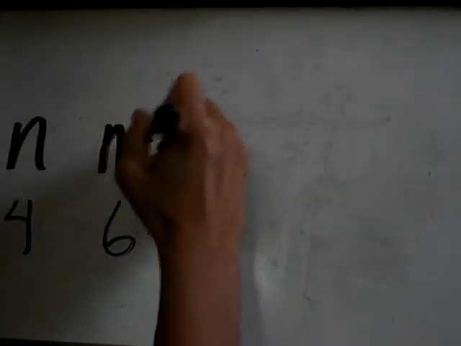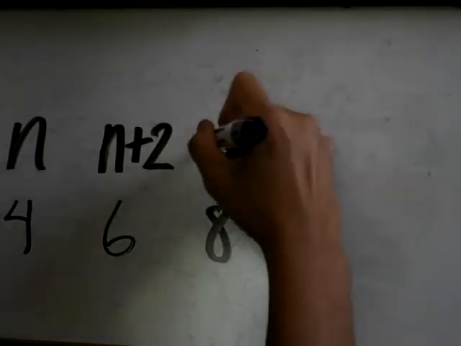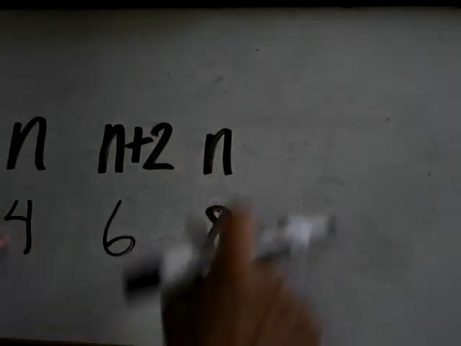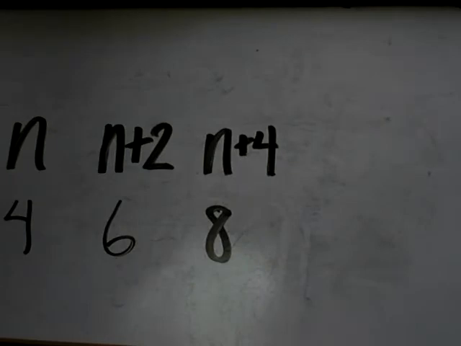The next consecutive even integer would be 6. So how do we get from 4 to 6? We have to add 2. So the expression in this case would be n plus 2. Then the next consecutive even integer would be 8. How can we represent that using the variable n? Well, n, so 4, plus what gives us 8? So n plus 4. And you can keep going.